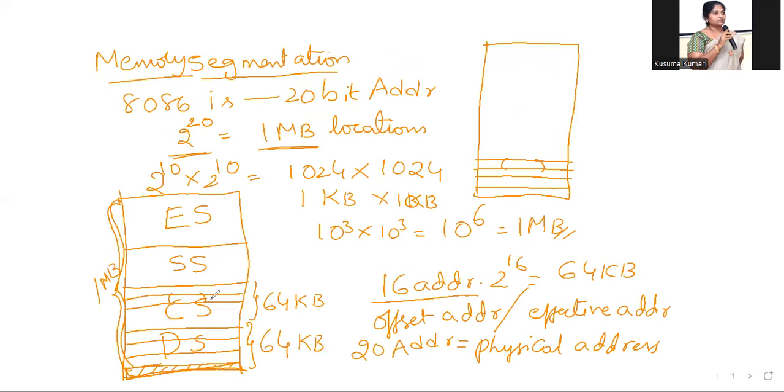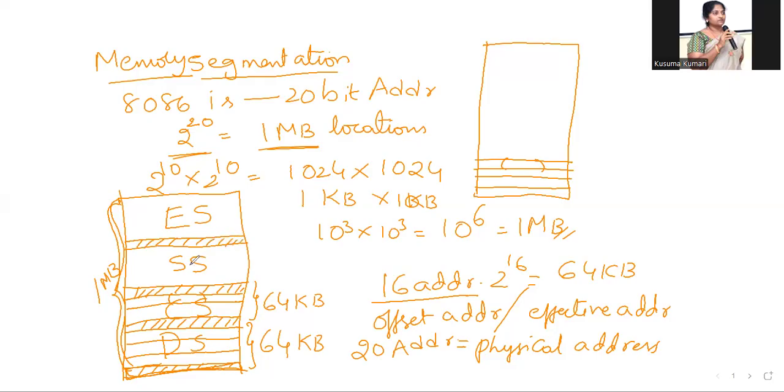Similarly, for the code segment, this is the code segment base. For the stack segment, this is the stack segment base. And for the extra segment, the starting memory location is the extra segment base.